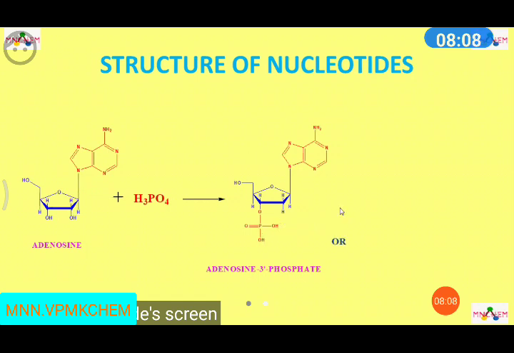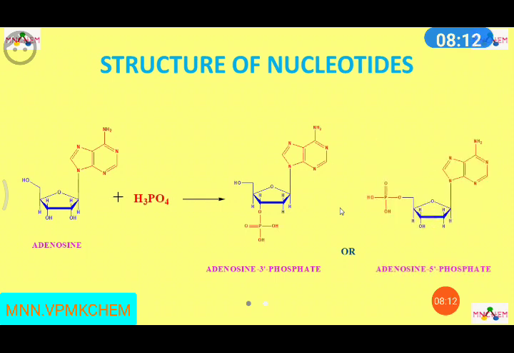Or if it attaches to the hydroxyl group present at the 5' carbon in the sugar, we get adenosine 5'-phosphate. So these are the phosphate esters formed when phosphoric acid reacts with the hydroxyl group in the sugar at the 3' position or at the 5' position.